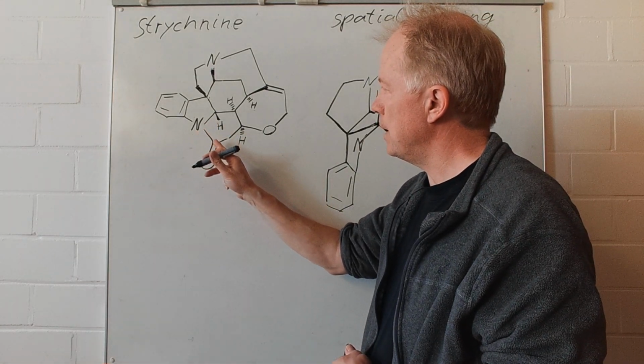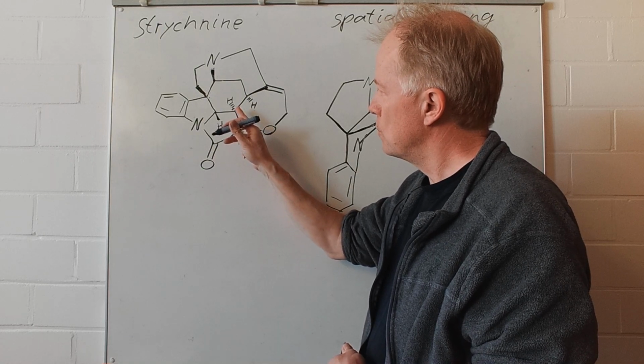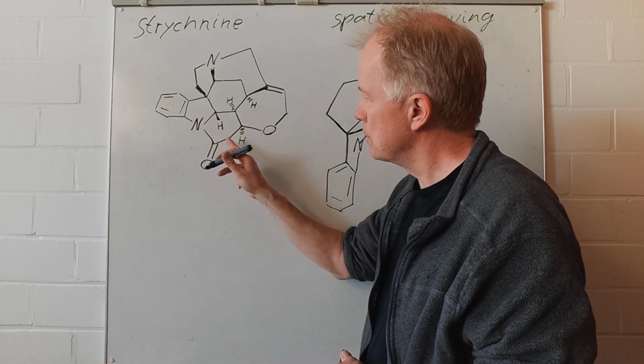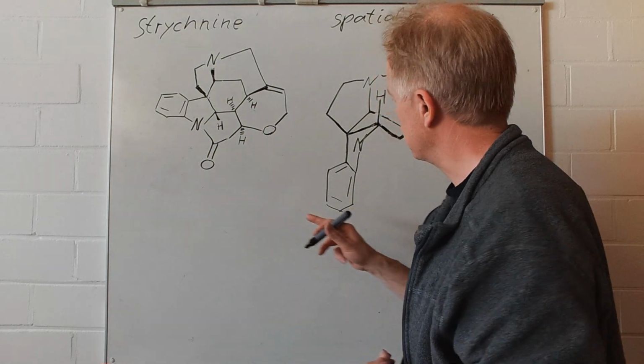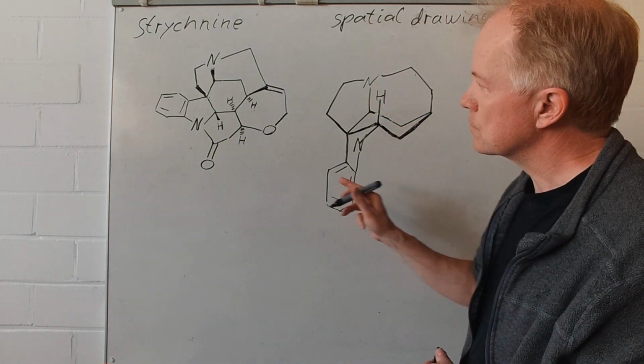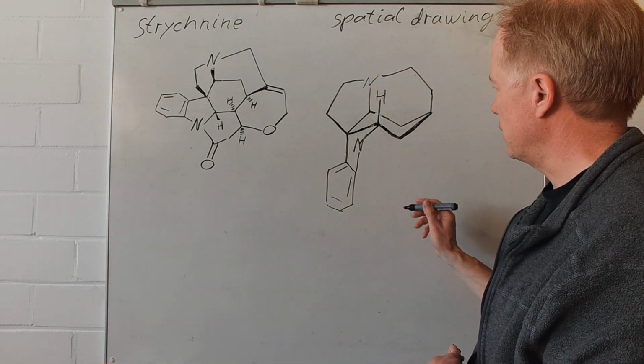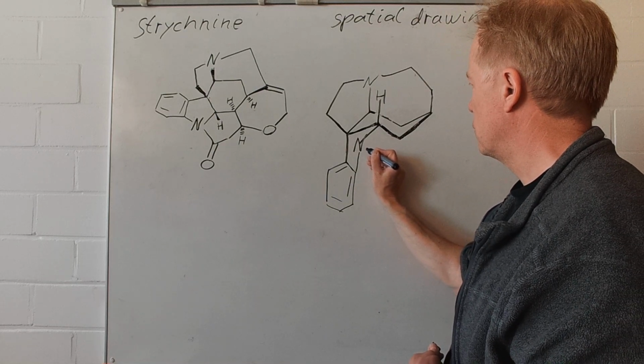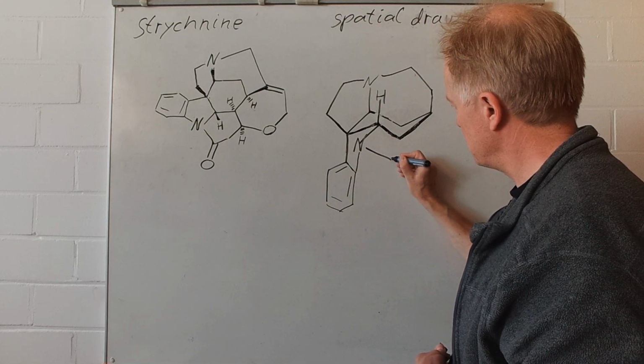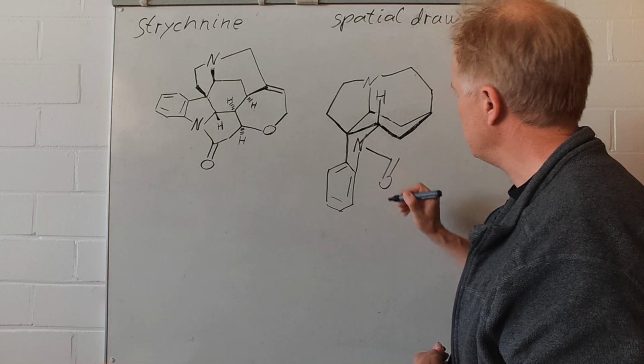Next, we will add or close this 6-membered ring with that carbonyl group. Okay, carbonyl group here.